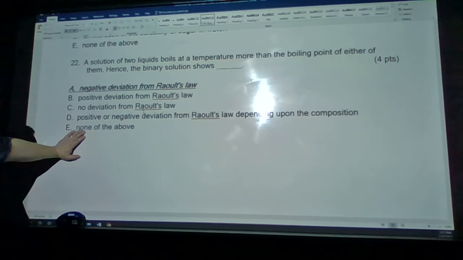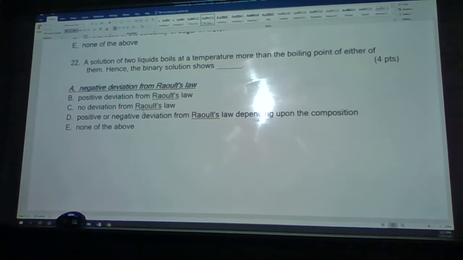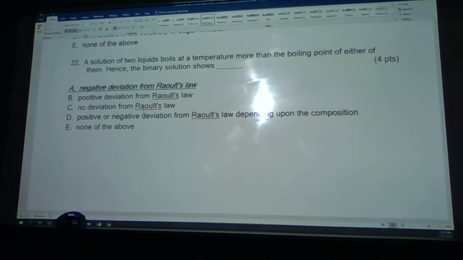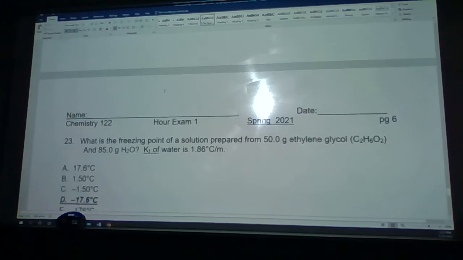More than the boiling point. Okay. Let me check. I'll have to get back with number 22. I may have to give you guys more points. I think that should be a positive deviation from Raoult's law.